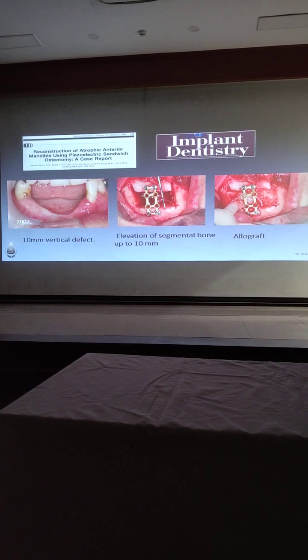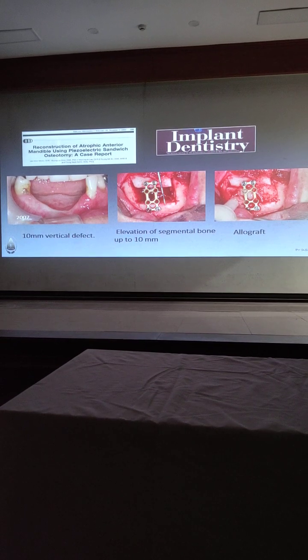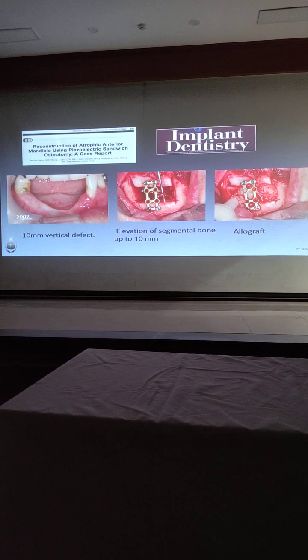When this patient came to me, this patient had about 10 millimeters of vertical deficiency in the lower anterior area. She said to me that all dentists refused to treat her because of too much deficiency.